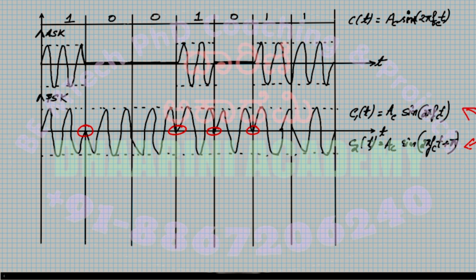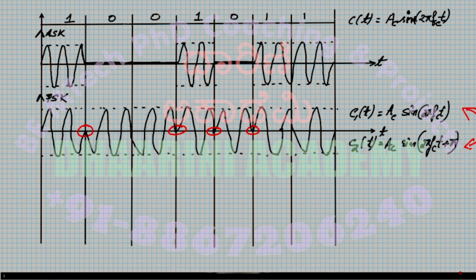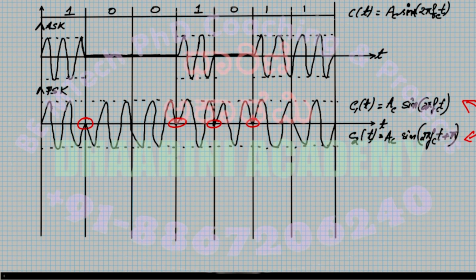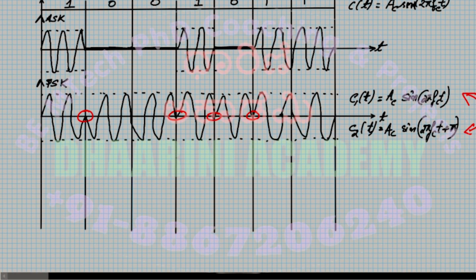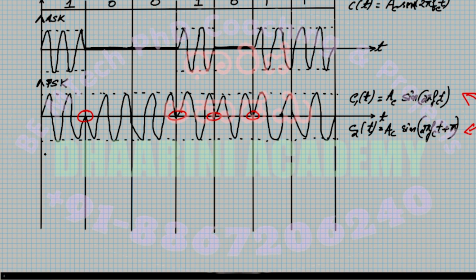Hope this is clear, right? This kind of waveform you are trying to generate when you use the PSK. Okay, now let's go further. So the next type that we want to see is the FSK.